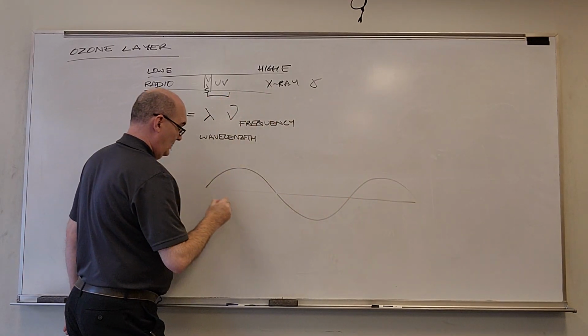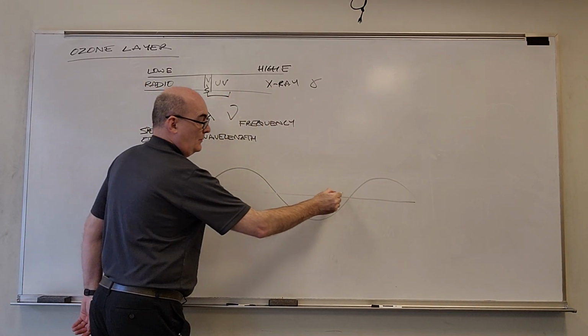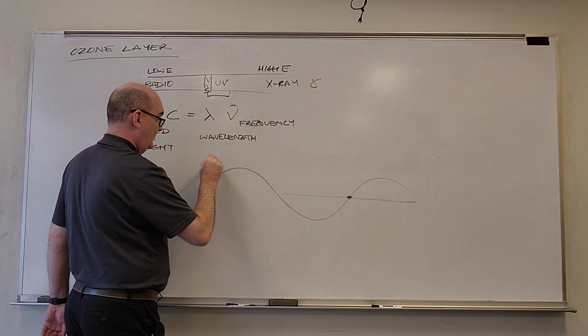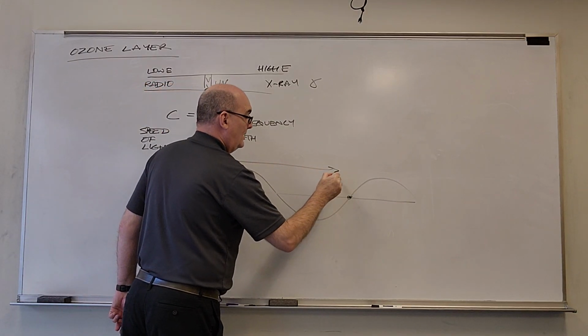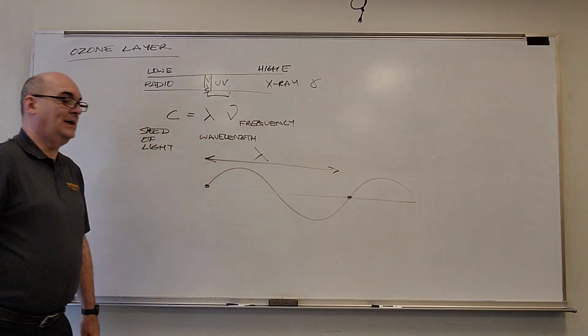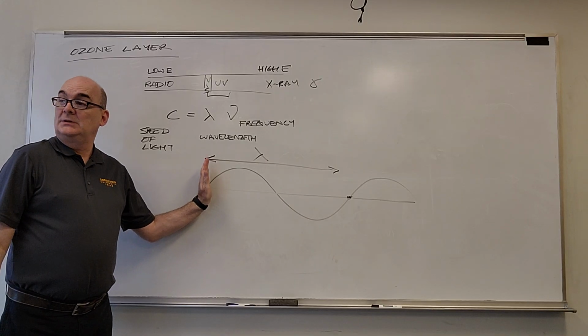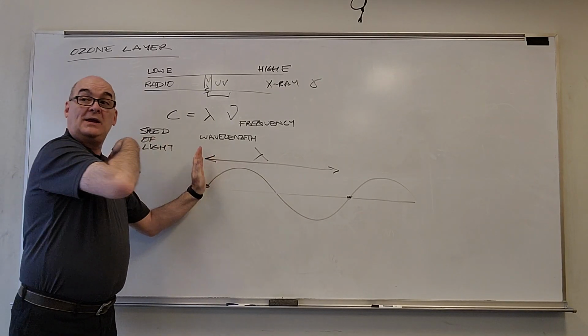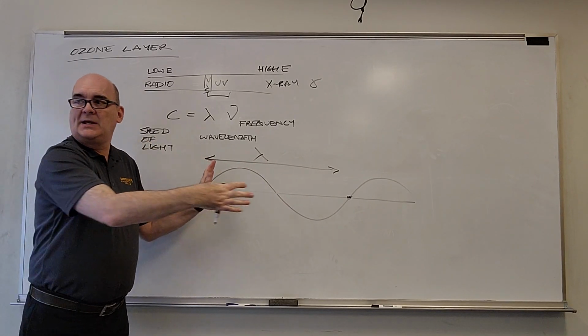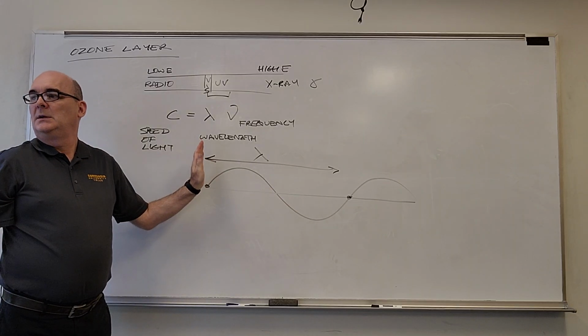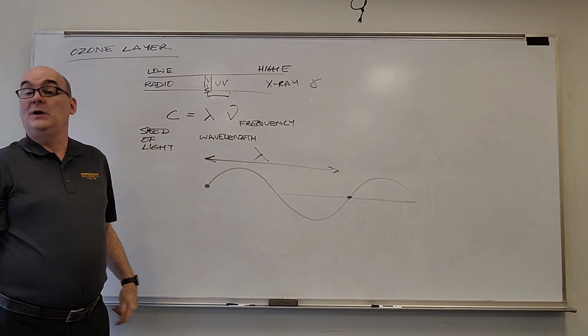Wavelength being exactly what it sounds like. Draw a wave, find a place where that wave repeats. The length, the distance between those two places, is the wavelength. If you have a static place in space and the waves pass you, how many cycles per second did the waves come by? That's the frequency.